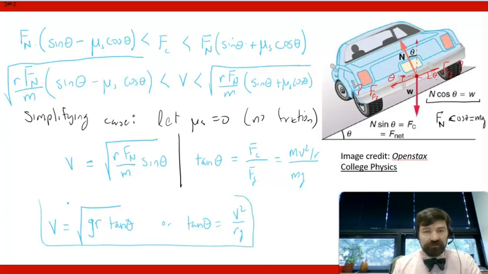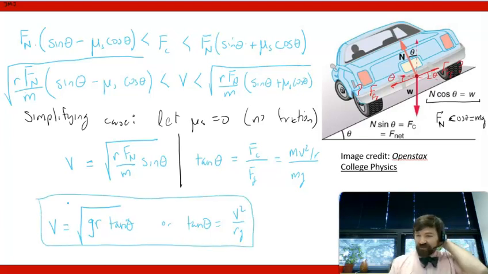And as I said, there is a symmetry here, because recall that if I put a block on a ramp and I slowly raise the angle until the block starts to move, at what angle does that occur? The answer is the tangent of that angle should equal the coefficient of static friction.